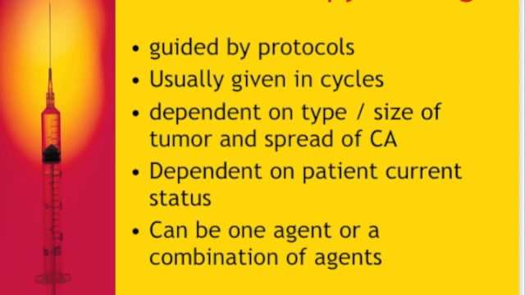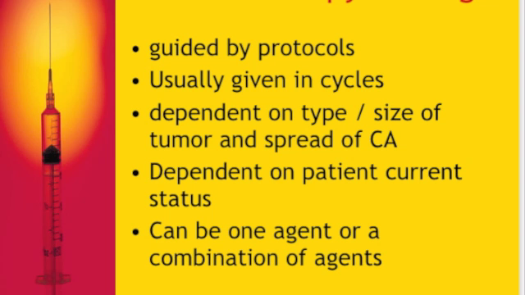So chemotherapy can be one agent or a combination of agents. However, it is very unusual for just one agent to be used alone. Combination therapy is usually the norm. This is beneficial because it is able to kill the cells in all phases of the cell cycle, and more than one agent helps make this possible.